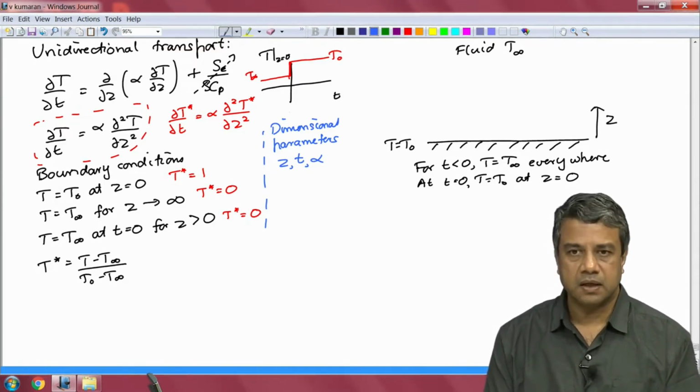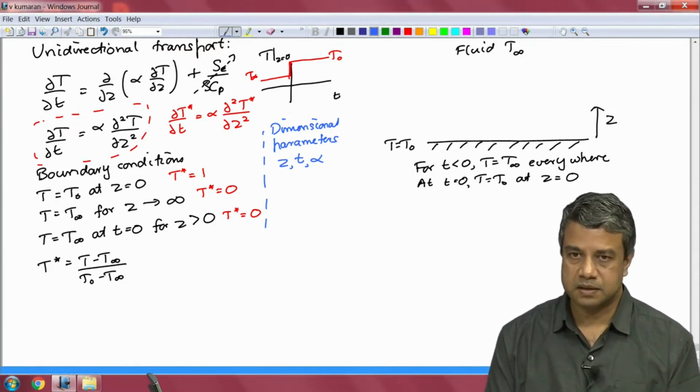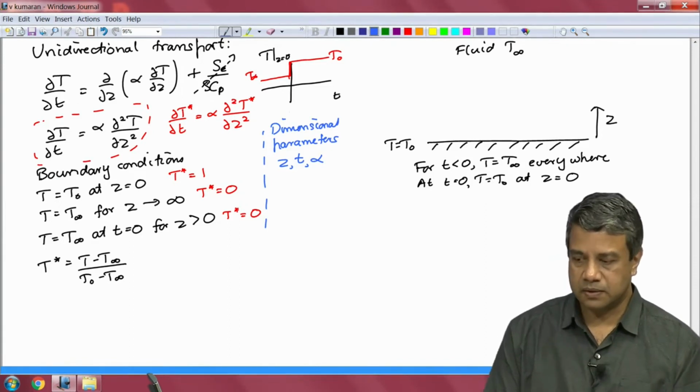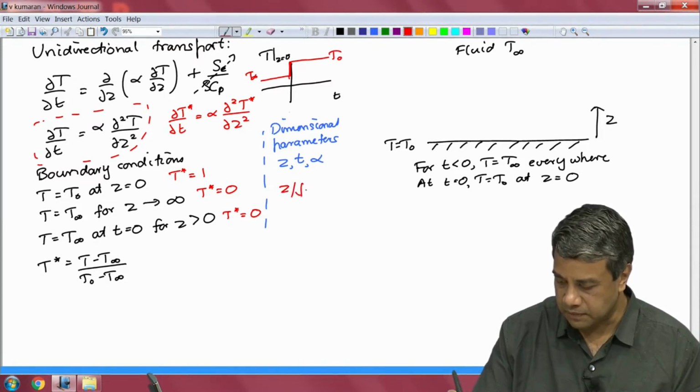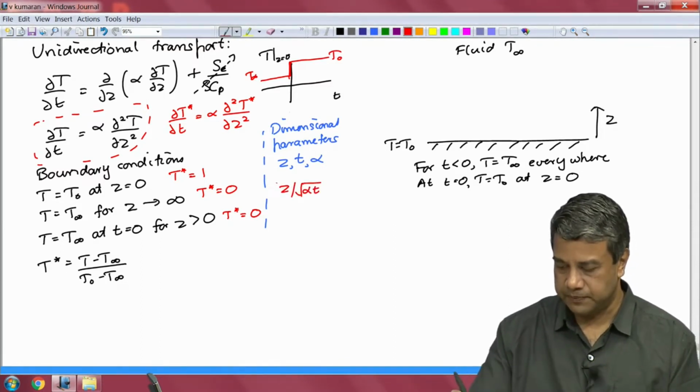The temperature has now become dimensionless. And out of these I can get only one dimensionless group, and that dimensionless group is z by root of alpha t.